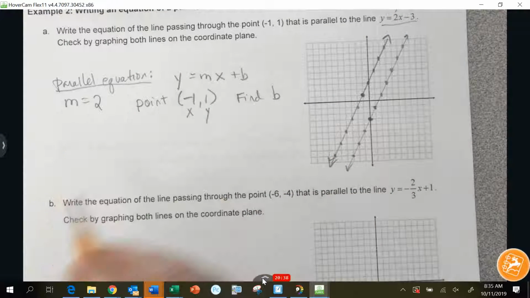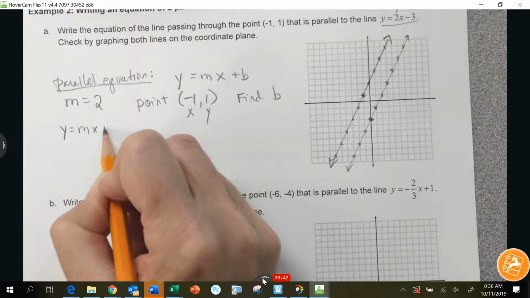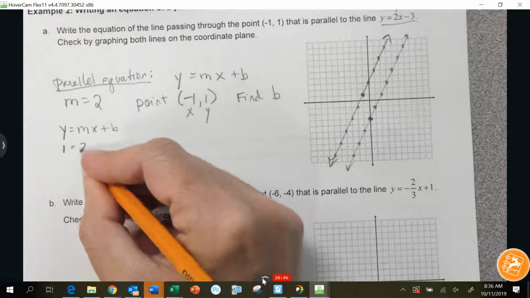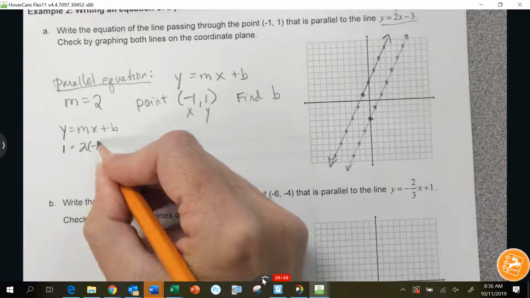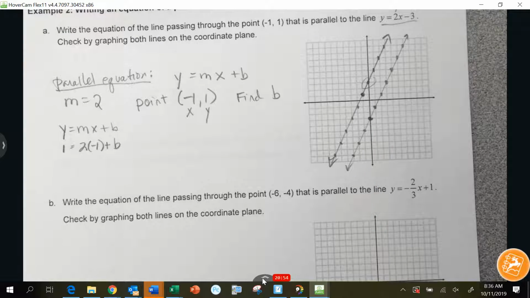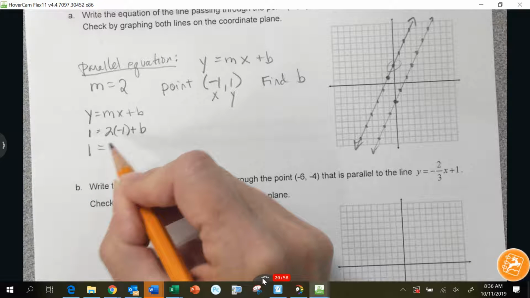The y is 1, the m is 2, the x is negative 1, and we don't know b. Even though I can look at the graph and see it right here. So now we solve: 1 equals negative 2 plus b.